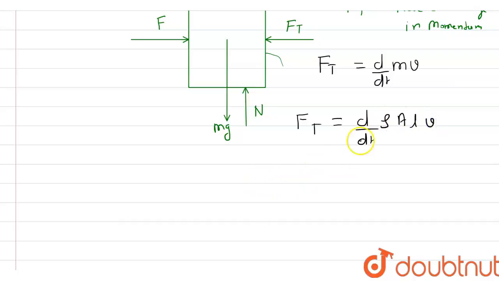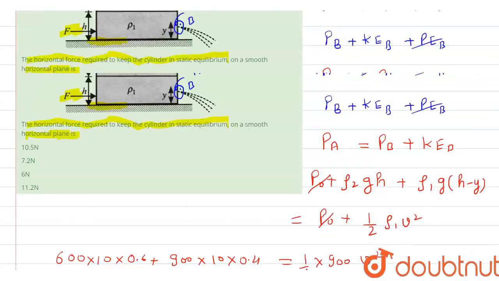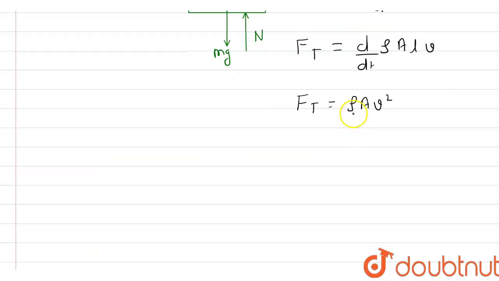The density is constant, and dl/dt will be velocity. So the thrust force will be equal to ρ A v², and the density here is certainly ρ1.